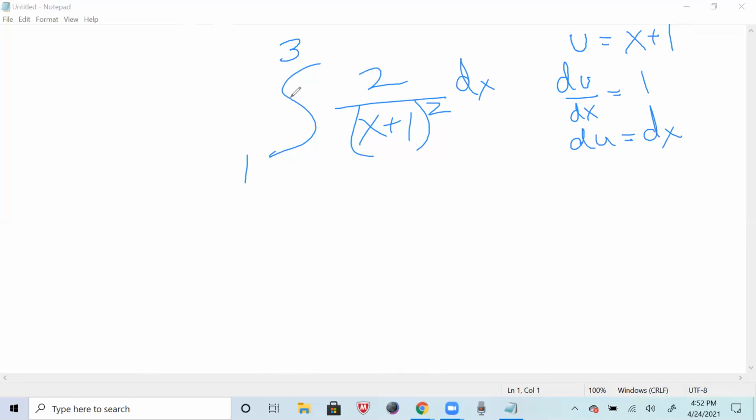And I can rewrite this integral in terms of u now. I'm going to leave the limits off for a moment, because when I do it as an integral in u, the bounds change. We'll figure that out from there. But let's just take it one step at a time here.